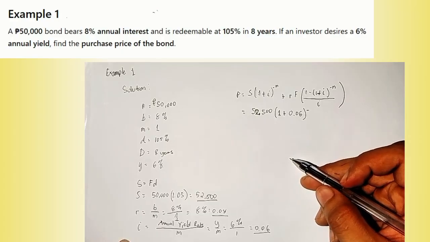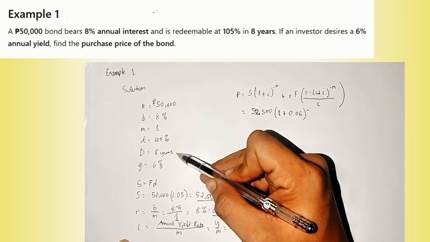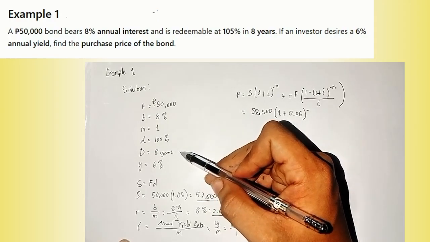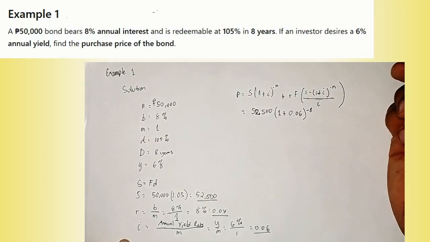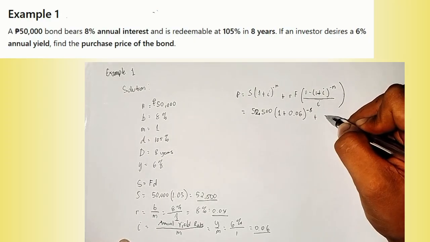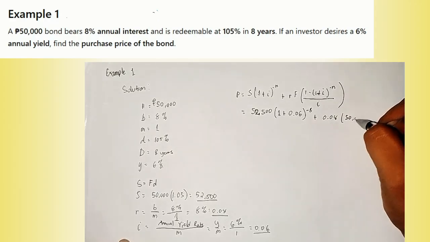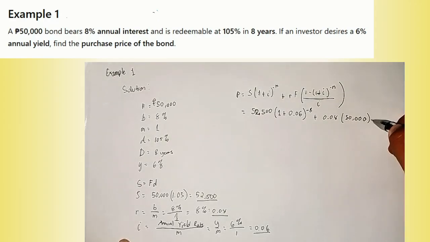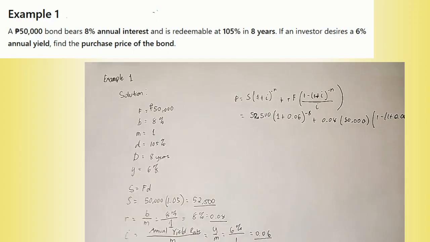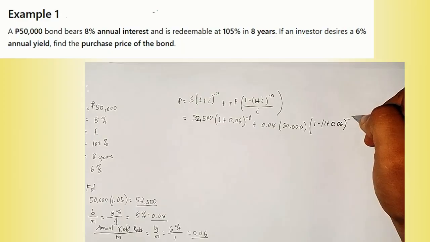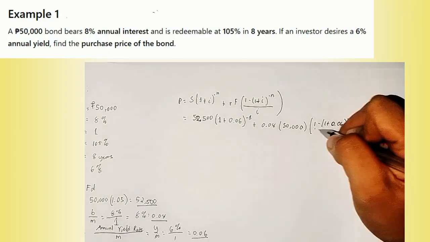So D is 8 years, basically 8 times 1, so 8. Negative 8, plus R, the rate, is 0.08 times F, 50,000, times 1 minus (1 plus 0.06) to the power of negative 8, over 0.06.